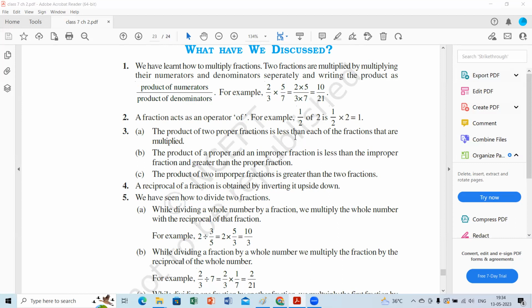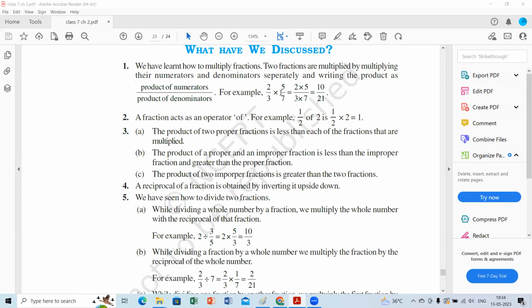A fraction acts as an operator. For example, 1 by 2 of 2 is 1. Half means what is the meaning for half? Multiplication. Very good. Half of 2 is 1. Come on, third point.